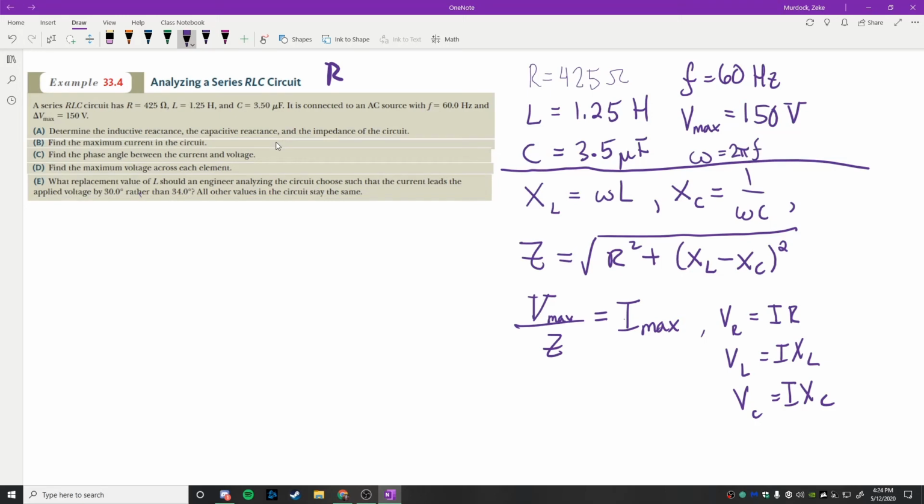I want you guys to try to solve this so you can get an idea of how you do these kinds of problems. And I'll give you a few minutes to do so. Okay, so do your best, see if you can solve these, and then at the very end, we will answer part E. Can you guys give it a shot? Do you have enough information?